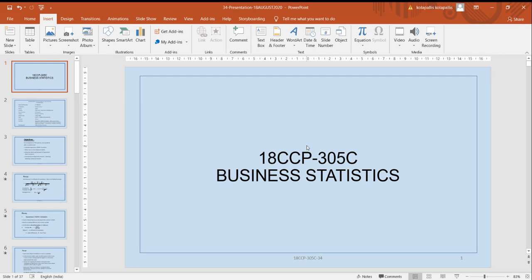And at the same time, two or more ranks may be repeated. That also we can get. So when the ranks are repeated, this Spearman's rank correlation formula alone will not work.